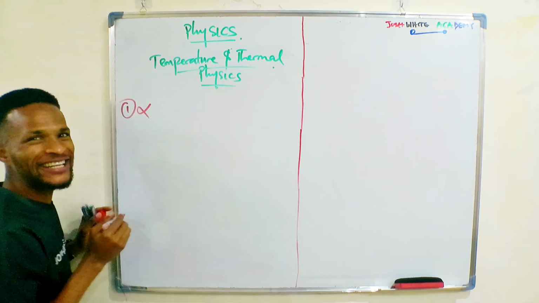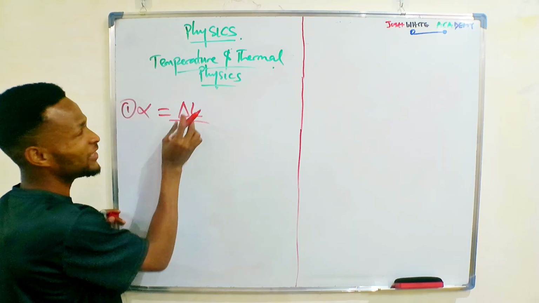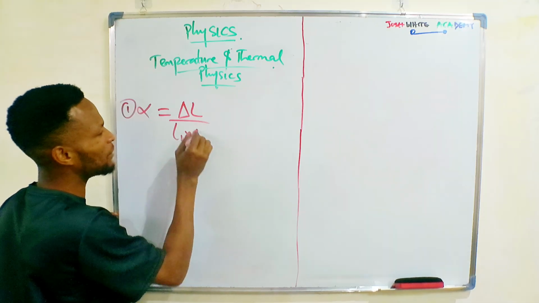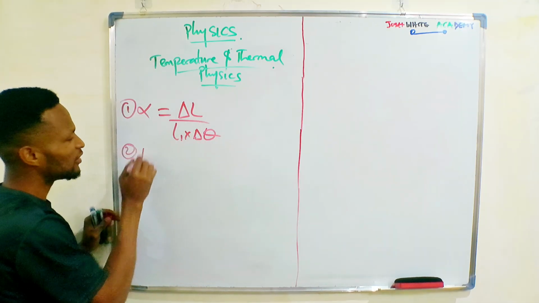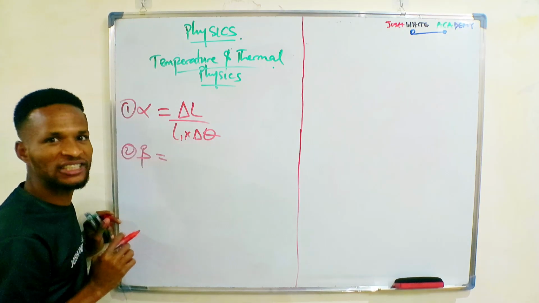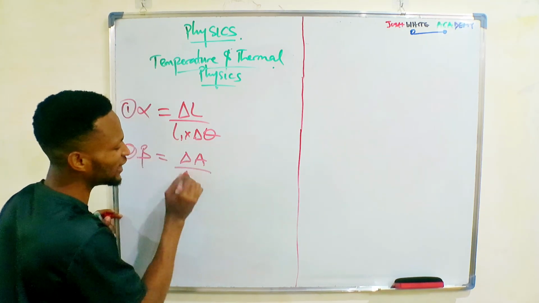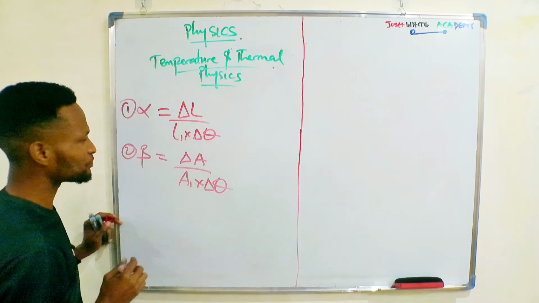We have our linear expansivity, which is equal to change in length. Change in length means L2 minus L1 all over initial length multiplied by change in temperature. We have our area expansivity, which is beta, is change in area all over initial area multiplied by change in temperature.